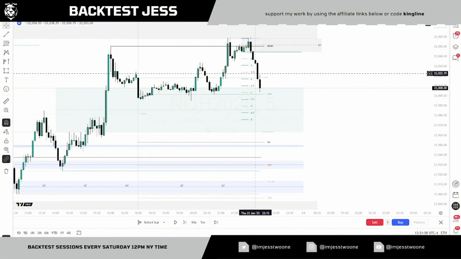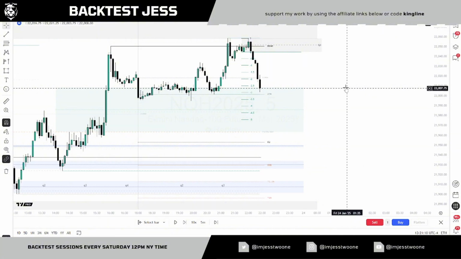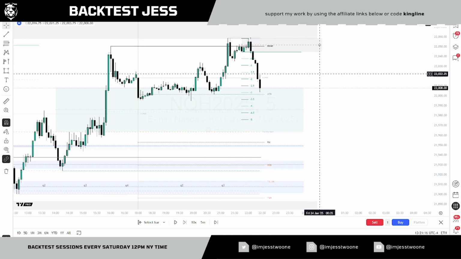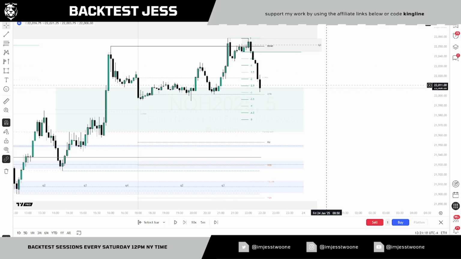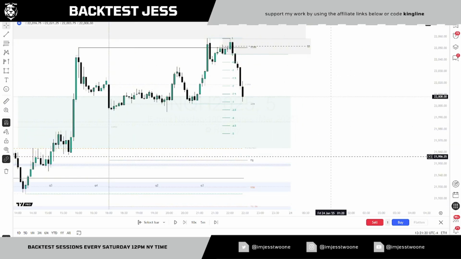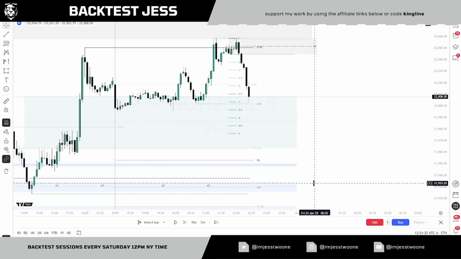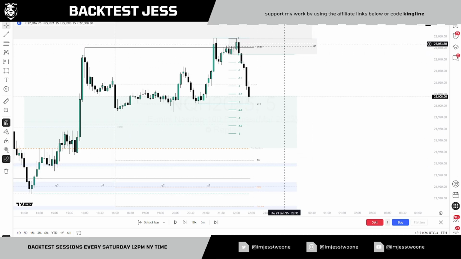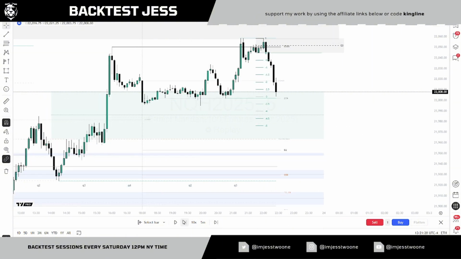They already extended to 1.5. But probably none of us would even take this considering that these are all three equal highs here. But one of the rules in the model is that once we've expanded towards 1.5 deviations before returning to the zone, the trade idea is invalidated. Because that's our first target.